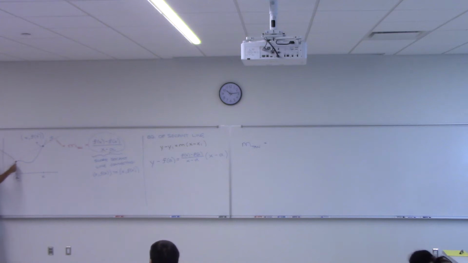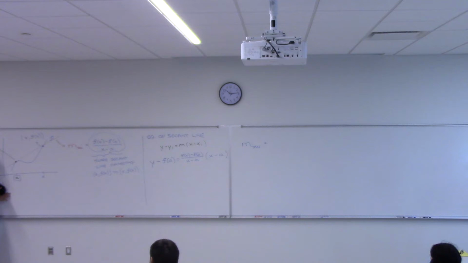Right there, on top of this one. Which we technically are not allowed to do, because if you put the two points on top of each other, you have no rise, no run. So you have 0 over 0. So what we need to do is allow this point to come along here and get closer and closer and closer to this without actually ever being that. How can I achieve that? How can I make this point move this way?